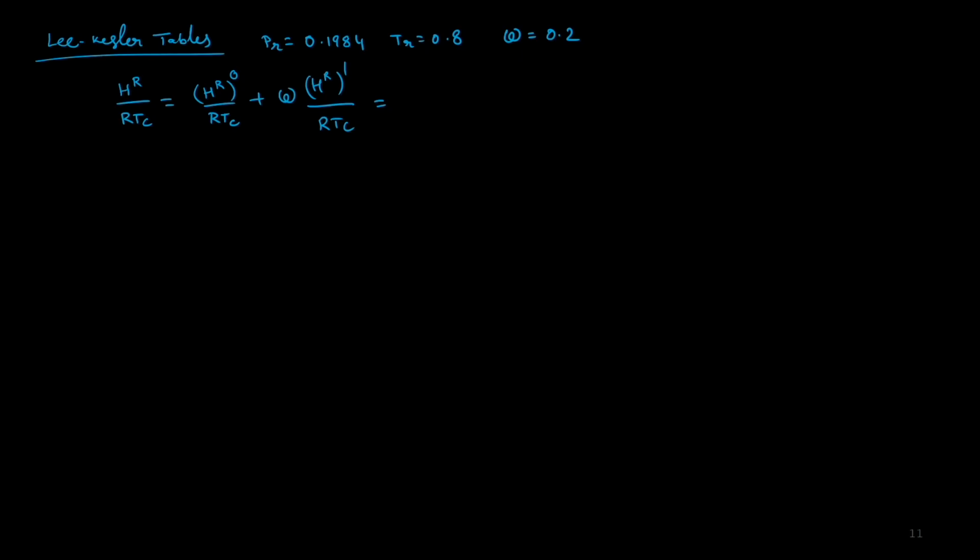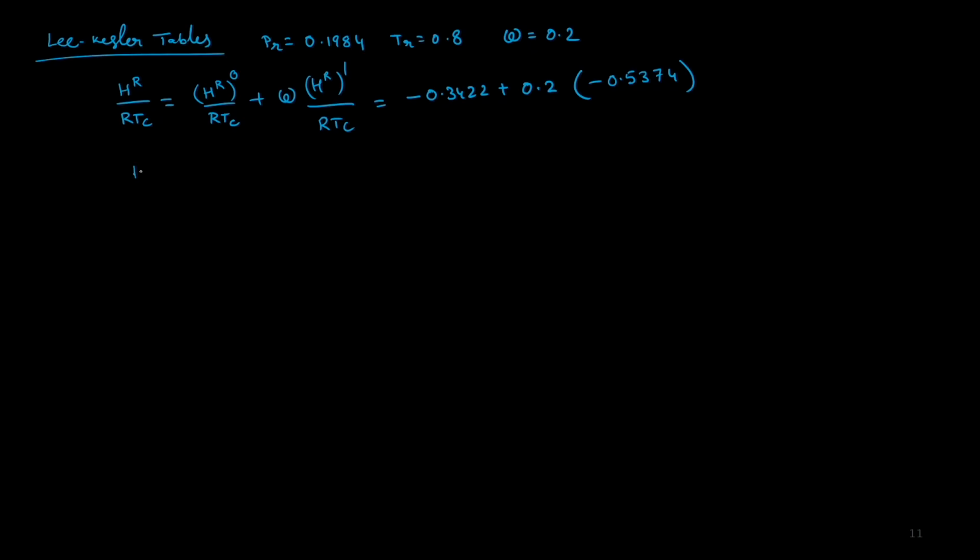The final value I have from the tables after interpolation is negative 0.3422 for HR naught by RTC, and HR naught by RTC plus omega times HR1 by RTC is negative 0.5374 at the given TR and PR.